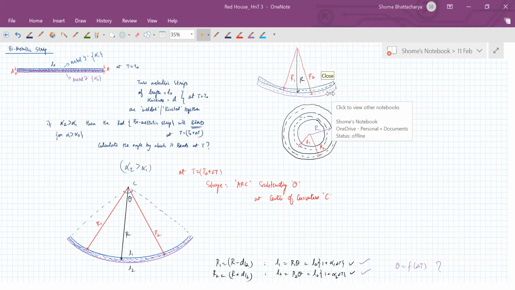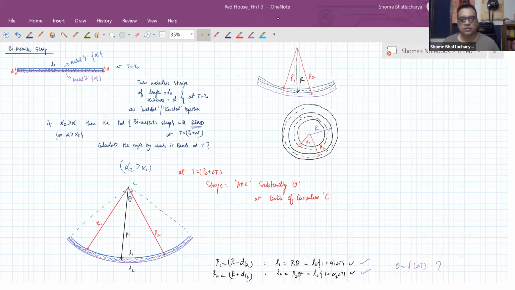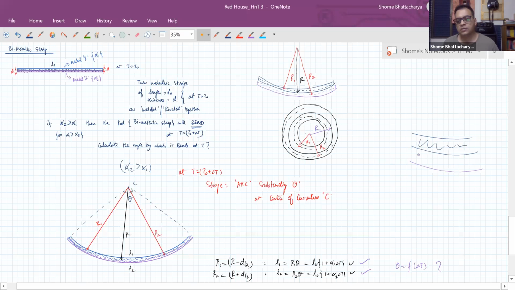Kevin, see what's happening now. R is the mean radius between the two rods now, and R1 is the mean radius of the first rod. You're understanding my point? So if you're looking at this very closely now, you're seeing something like this. This is your first rod. This is your second rod.